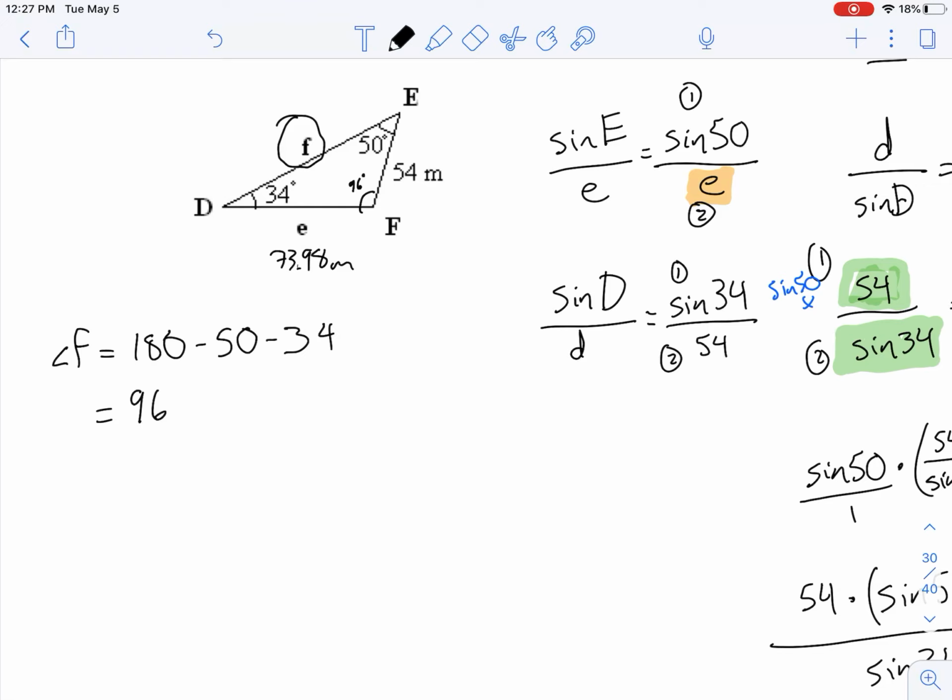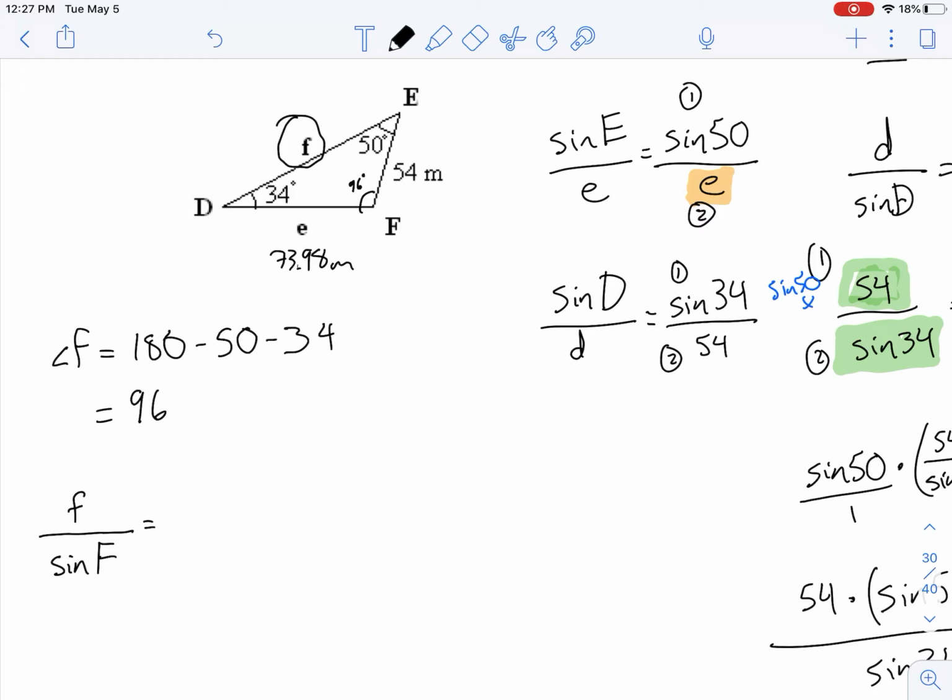So now I'm going to set up my ratio. I'm going to put my unknown in the numerator, and I'm going to compare it to a complete ratio. So I'm trying to solve for F. F is what I want to find. So I'm going to put that in the numerator, and I'm going to divide it by sine F. We can fill in those actual values in a moment. Now we have to compare it to a complete ratio.